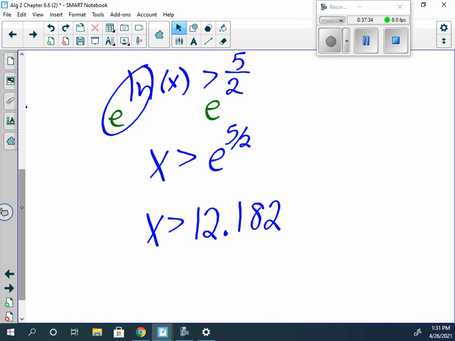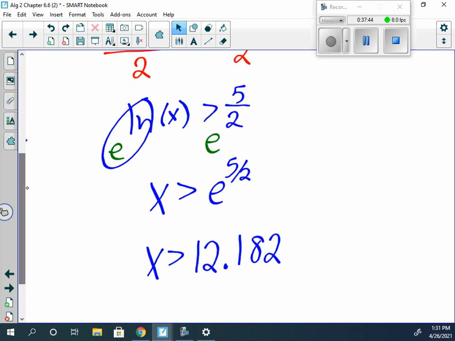Now, any questions on this here before we wrap this one up? So again, if we cannot have negatives inside of the logarithm, yes? Does x greater than 12.182, are negatives a possibility for x? Is -1 greater than 12?